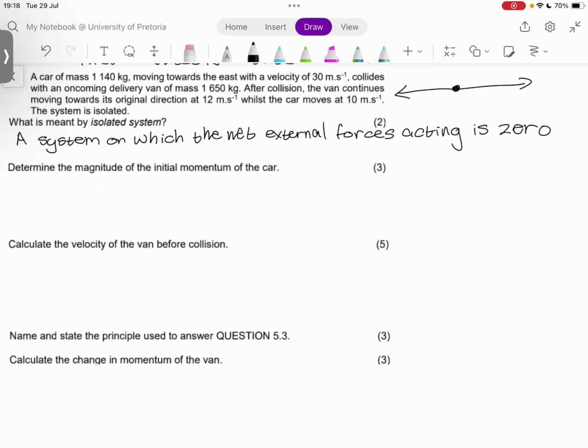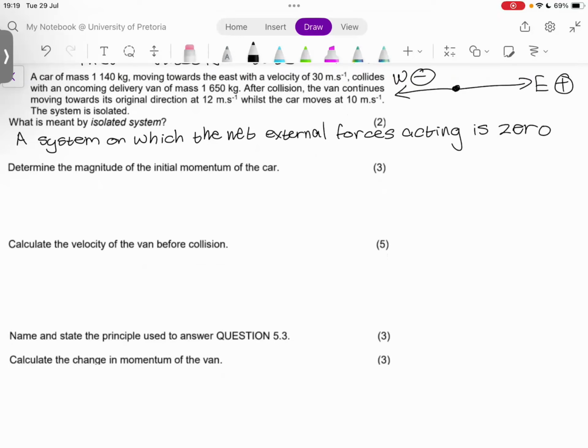Okay, people are saying they want east as positive. East as positive, west as negative. Cool.